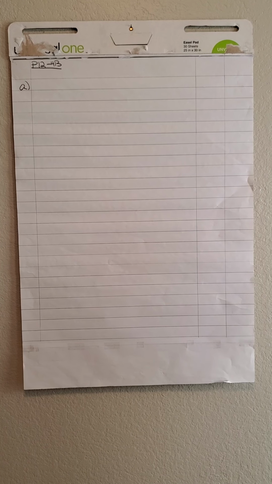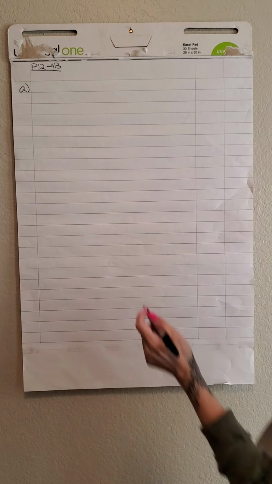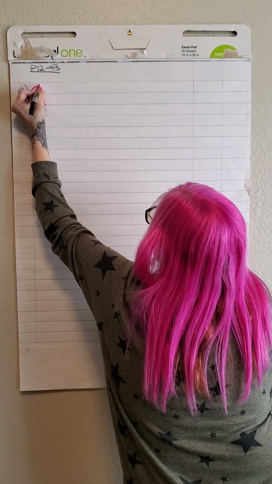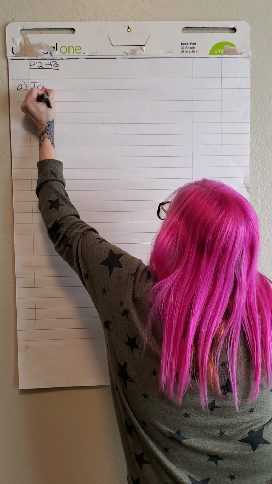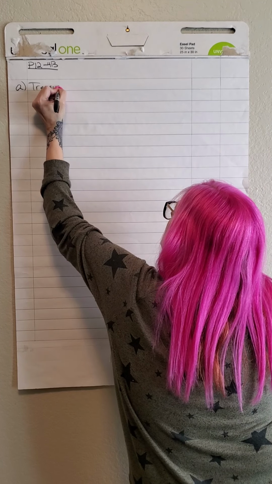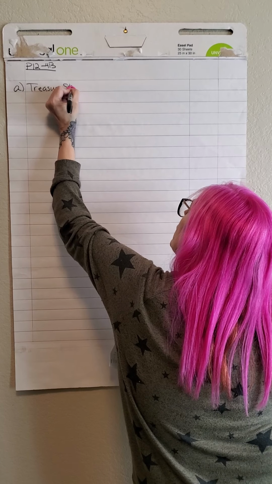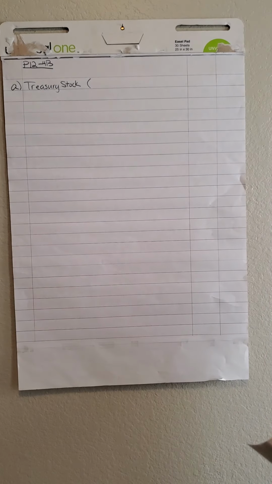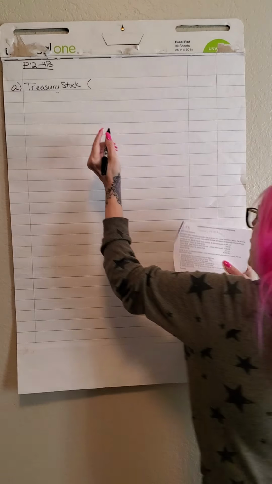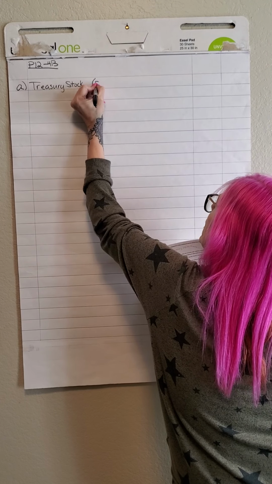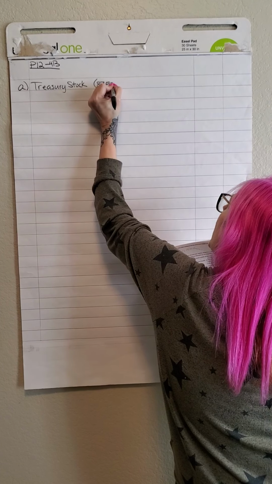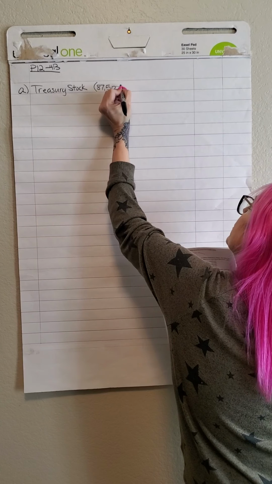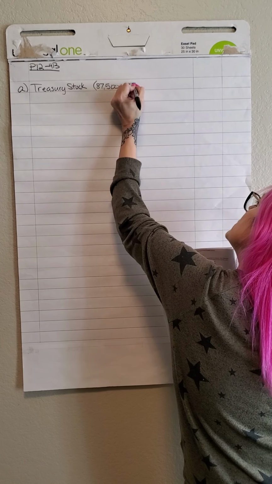So here the company purchased 87,500 shares of treasury common stock for $8 per share. Since treasury stock actually reduces our paid-in capital amounts, we debit treasury stock when we make a purchase. So we record it as treasury stock. Remember, it's a debit instead of a credit like for our other stock accounts. And we calculate out the amount here as the total shares, 87,500 times the price per share.